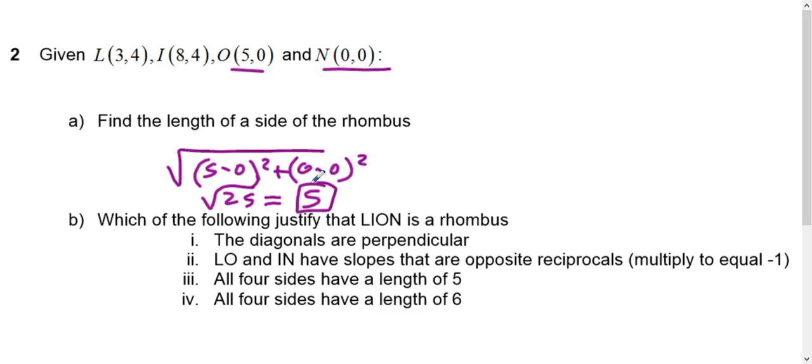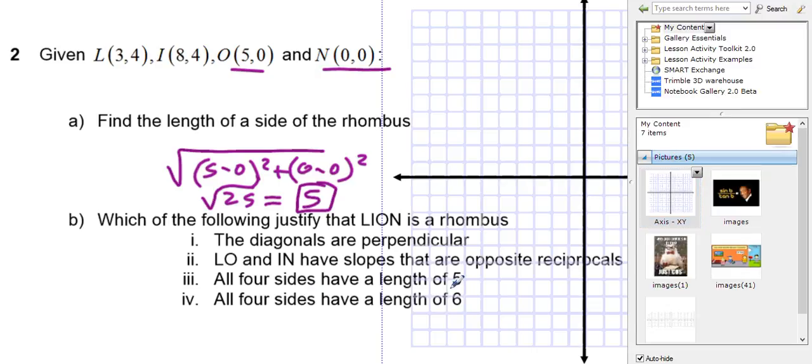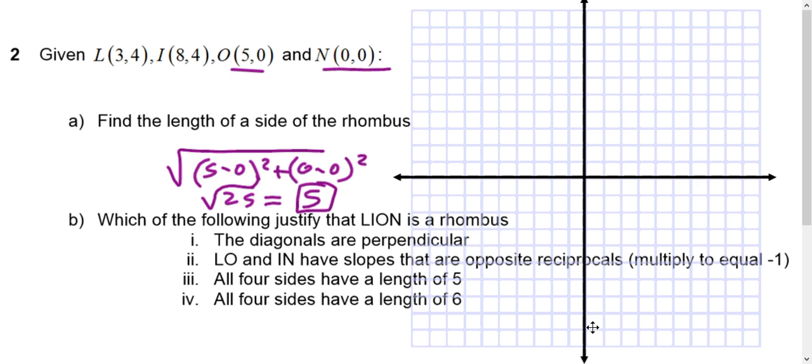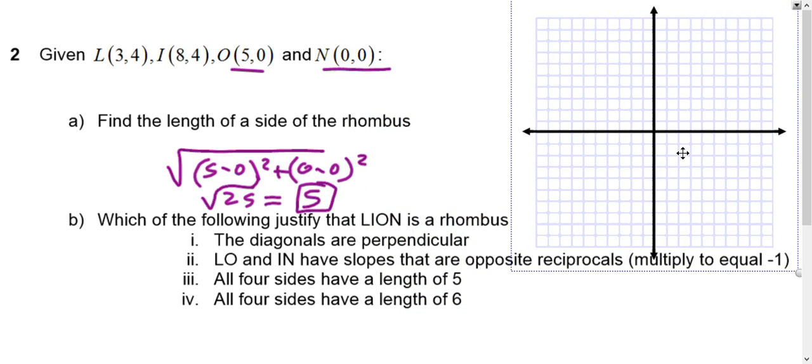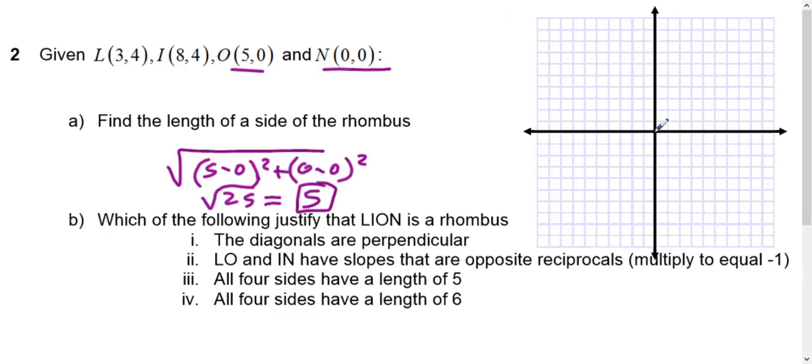If you wanted to make sure and justify that it is a rhombus, you can check these things. First, are the diagonals perpendicular? I'll plot it out so we can take a look. So there's all of our points.